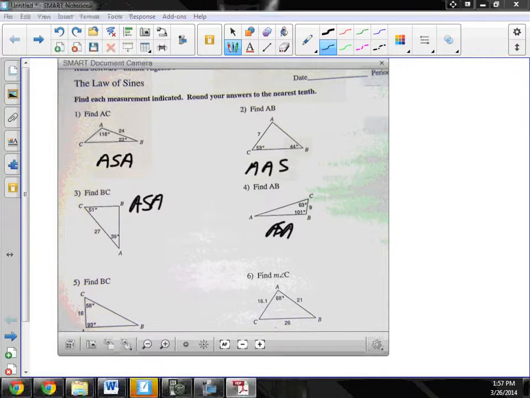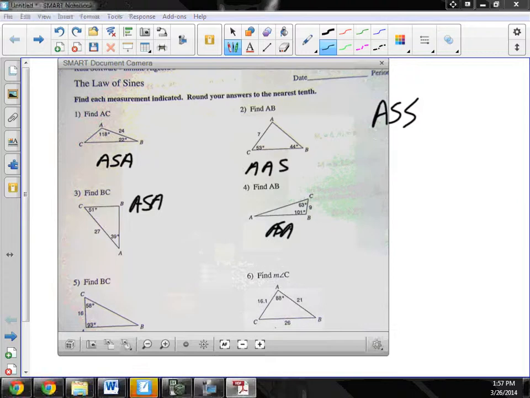Yes, that's the trouble. Sometimes it works. So this whole front page is either angle, side, angle, or angle, angle, side.